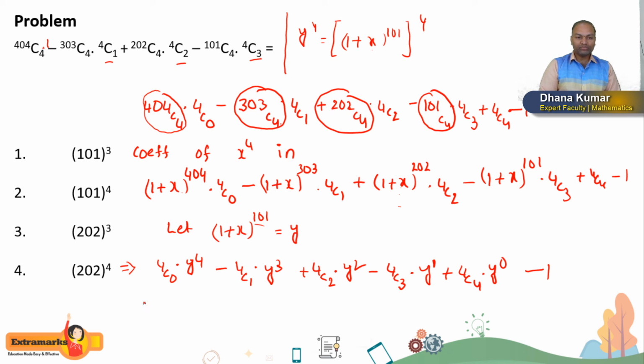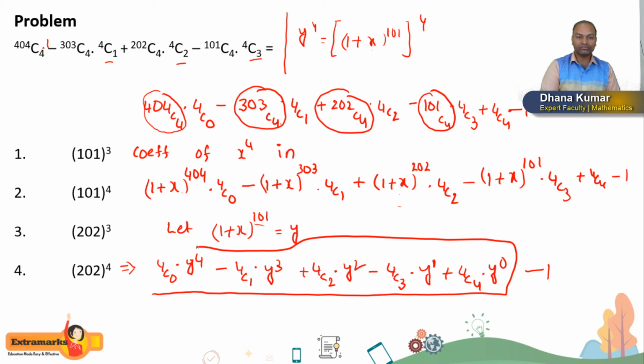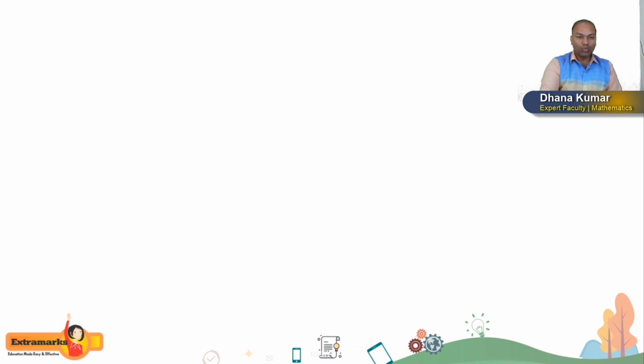Fine. Now you observe this one. Only for this part, can you guess this value? Right. This expansion is equal to what? See that next slide. (Y minus 1) whole power 4. Is it correct or not?